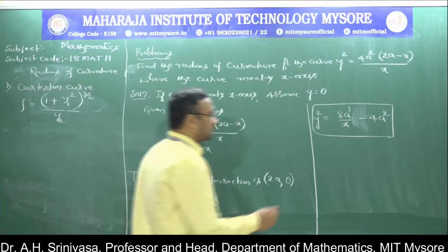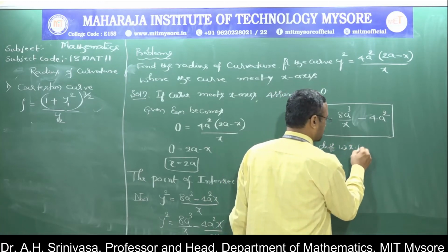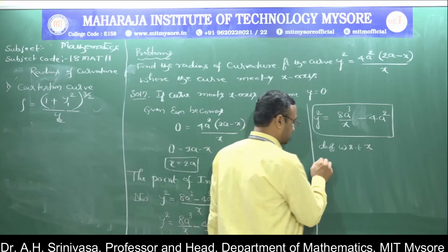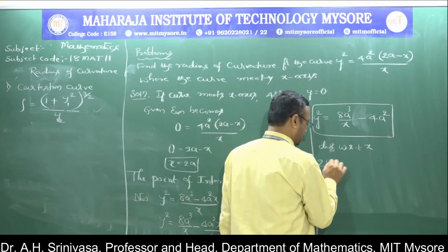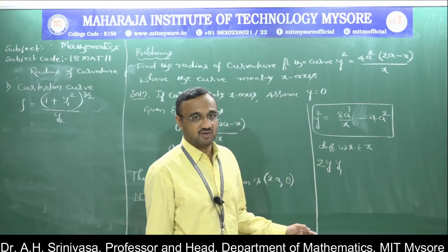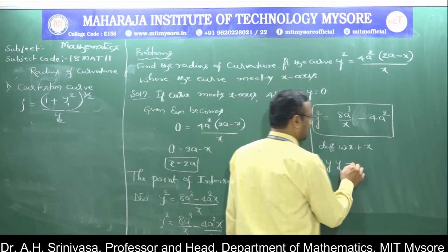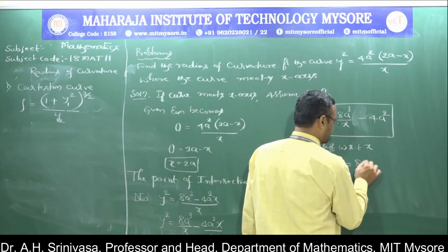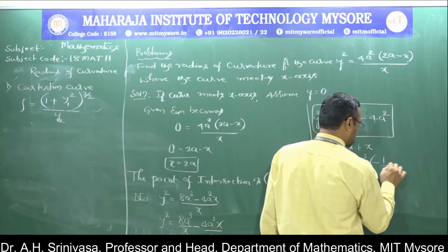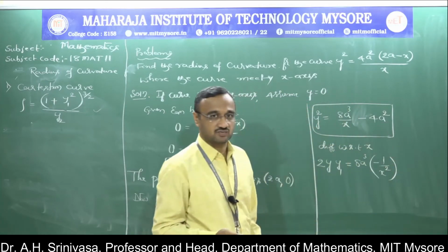Okay. Now differentiate with respect to x. If you differentiate this one with respect to x, it is 2y into y1. The derivative, we write down the derivative dy by dx as y1, should be equal to 8a cube is a constant. The differentiation of 1 by x with respect to x, this becomes minus 1 by x square. It is a constant function, they become 0.